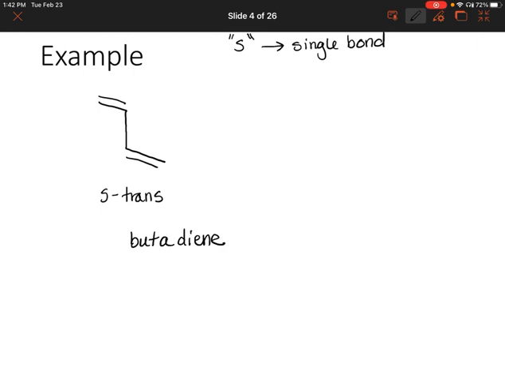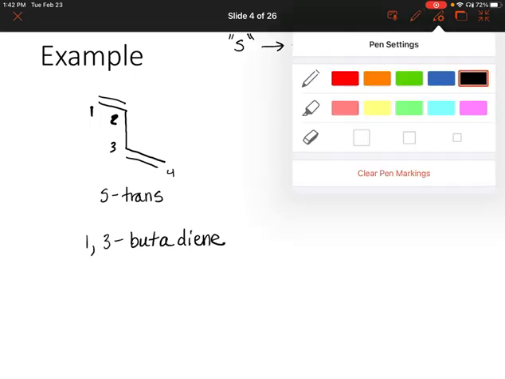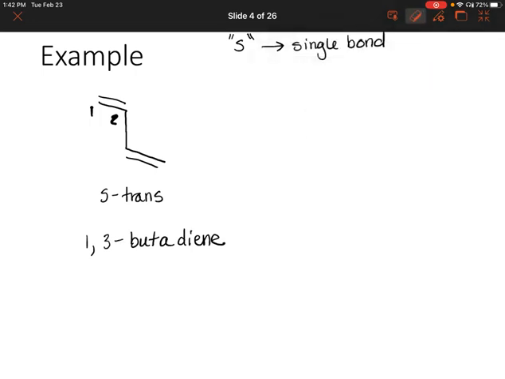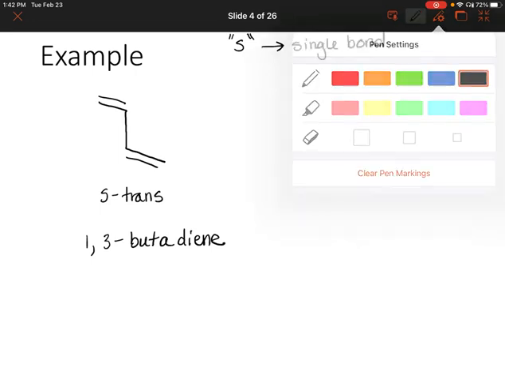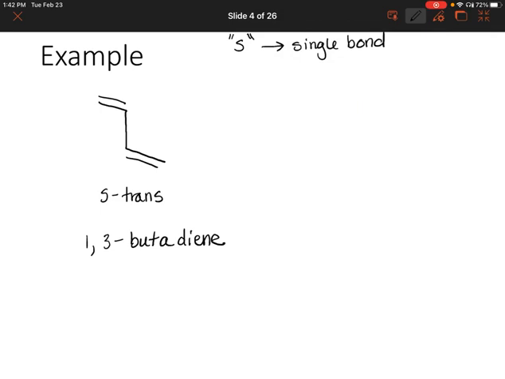And then we have to specify where the double bonds are on the chain. I'm going to start from the top, so that would be 1, 2, 3, and 4. So the double bonds start at carbons 1 and 3. So this is 1,3-butadiene. And I guess either way we number it, it will be the same. Okay, now we also have the cis version.